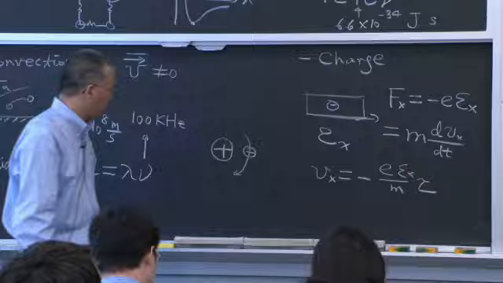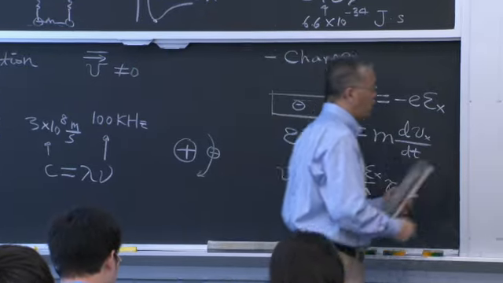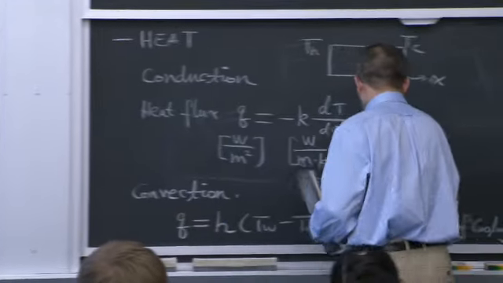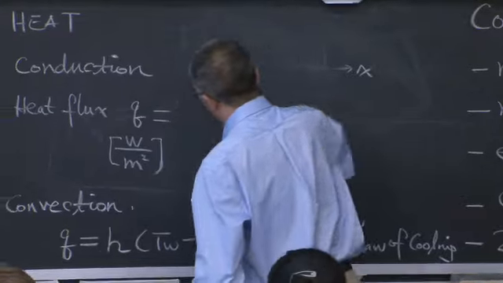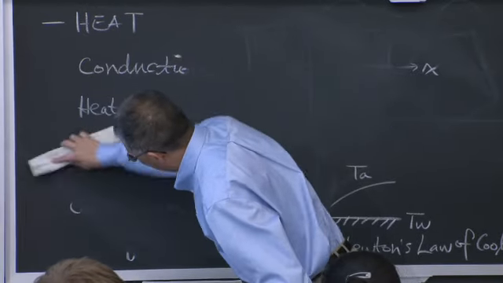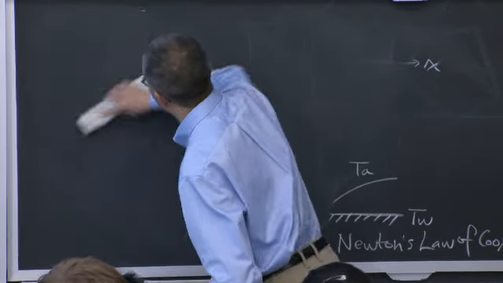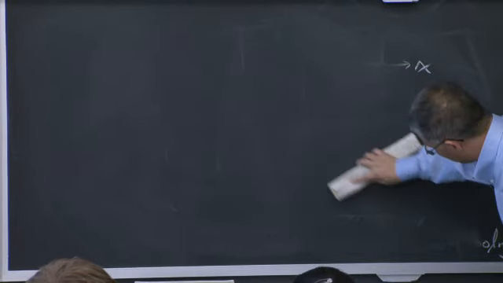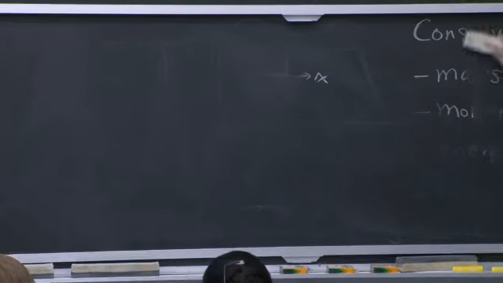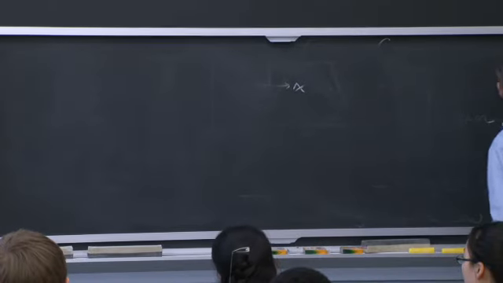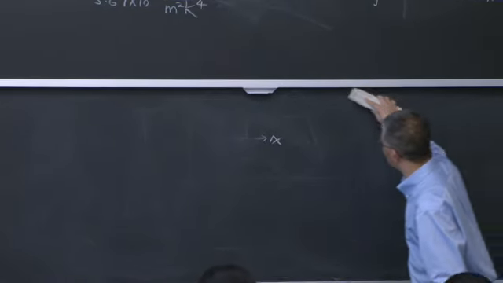Okay? And now if I have this velocity, I can write the current, right? What's current? Current is just the charge per unit time going across a certain area.